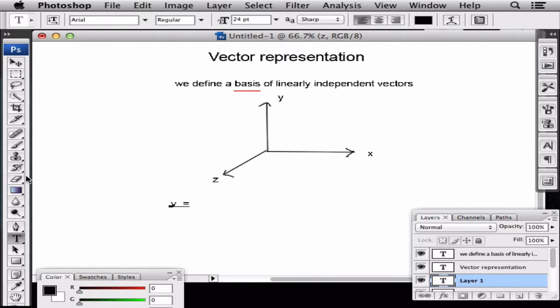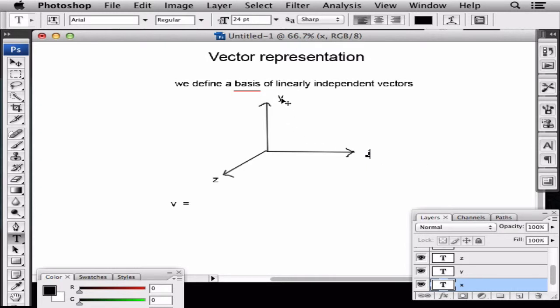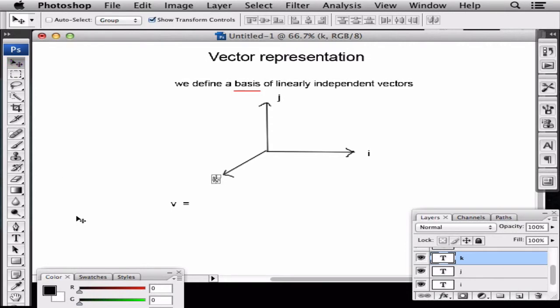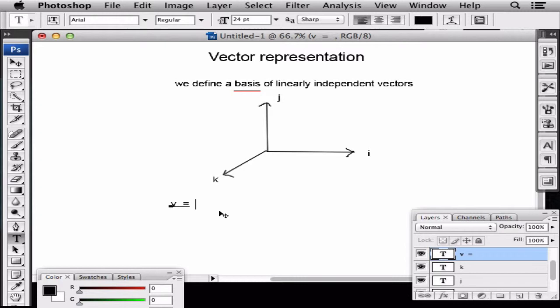Oh, I made a mistake. A more mathematical way of doing it is distinguishing between them, so we'll call these i, j, k instead. X, Y, Z is used for the scalar values. So we use some scalar value x times the vector i, some scalar value y times j, and some scalar value z times k.